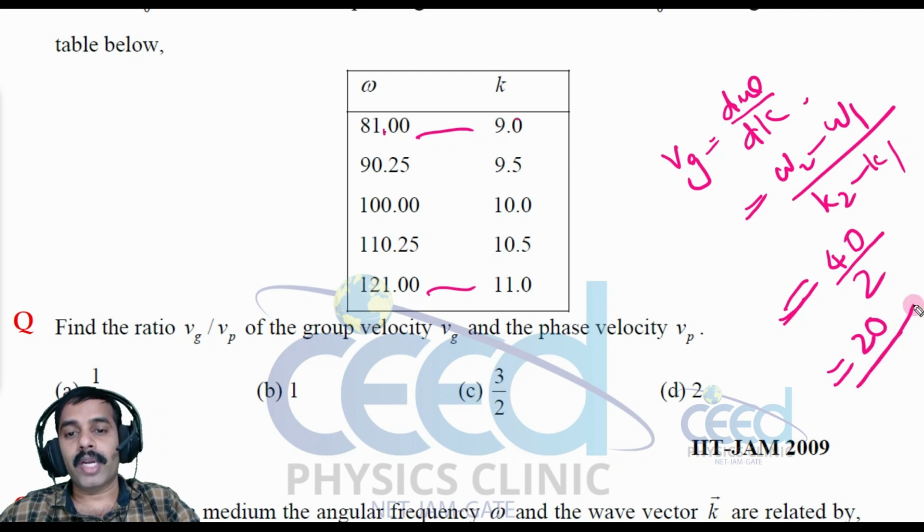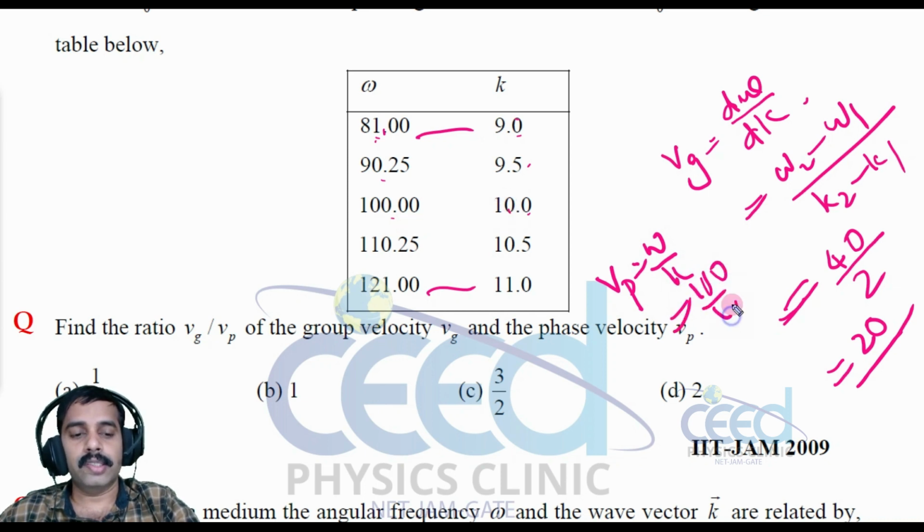Now what is omega by k? Corresponding omega by k, 81 by 9 is 10. Phase velocity 121 by 11, that is 10. That is a constant, right? So Vp is equal to omega by k, that is 100 by 10, that is equal to 10.